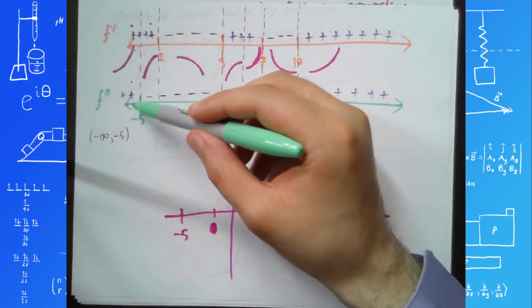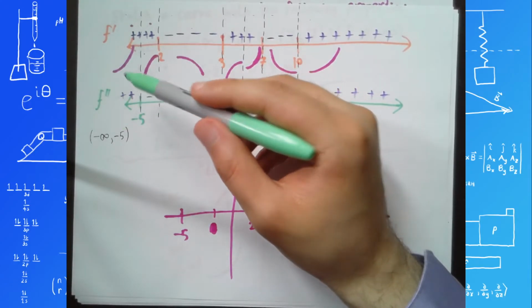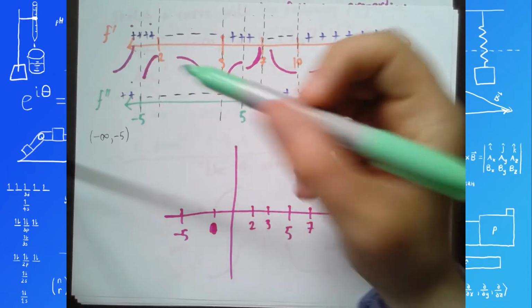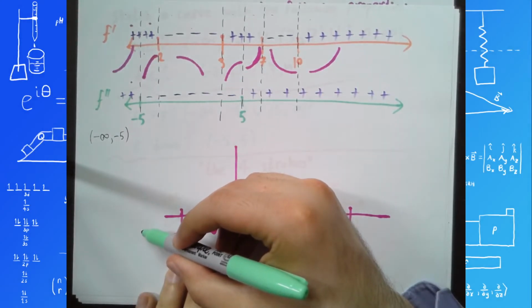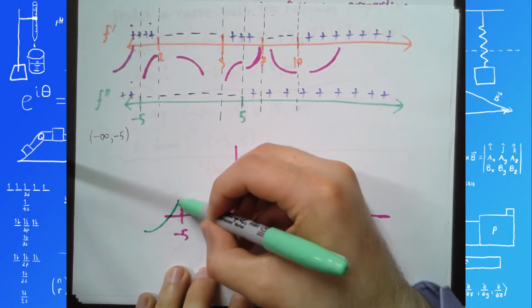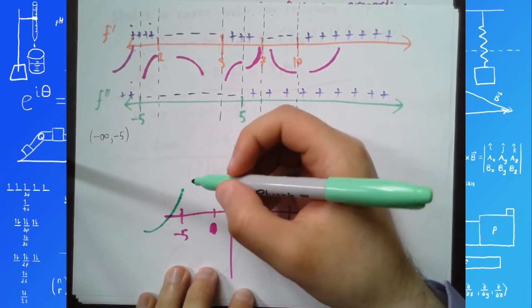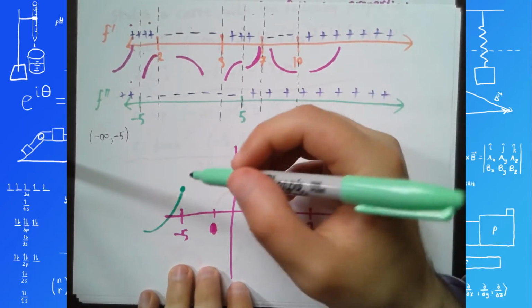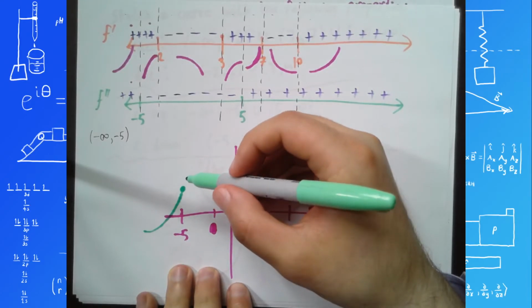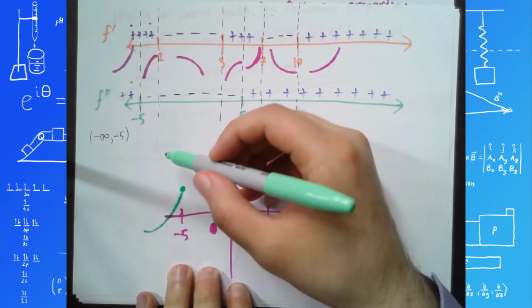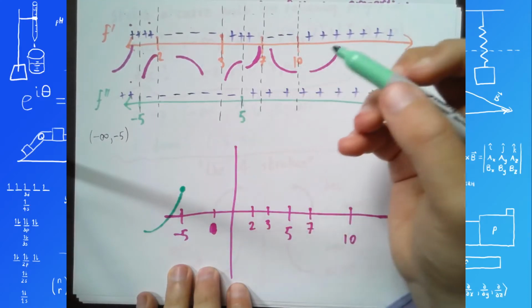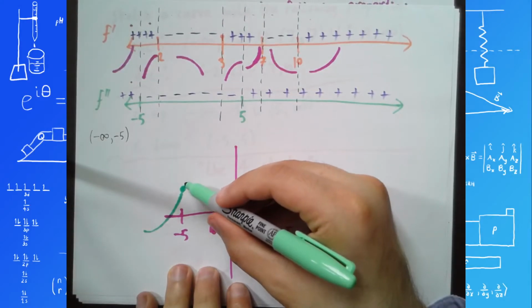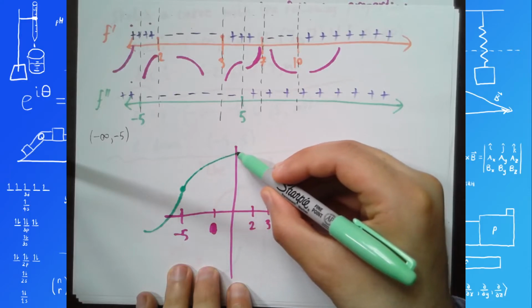So before hitting -5, it's increasing concave up, so it's going to look something like this. Then, once you hit -5, we've got an inflection point, it seems. So it's going to be increasing concave down from that point and until you hit 2, so maybe it looks something like this.